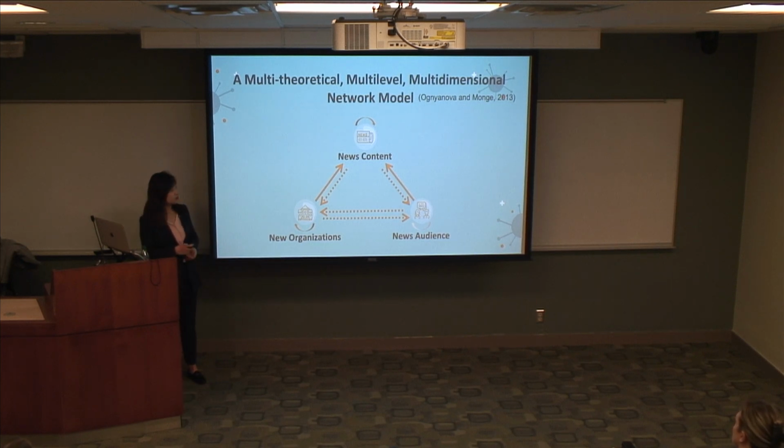The original model has nine networks. In this study, we focused on four networks: the news content network, the news organizations network, the network between news organizations and news content, and the network between news audience and news content. These four networks are in solid lines in this little figure.